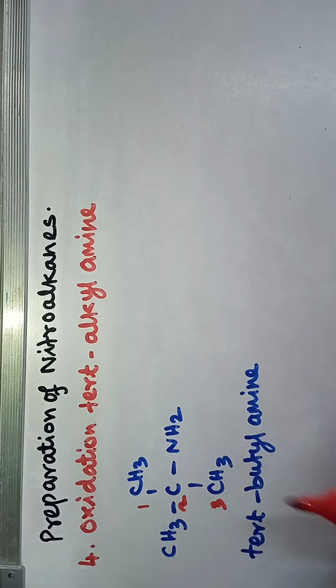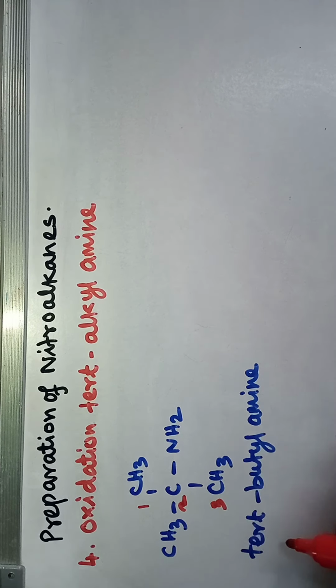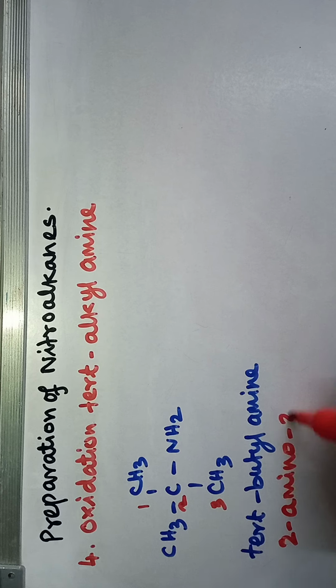This is the longest carbon chain. So we can say this is 2 amino 2 methyl propane.